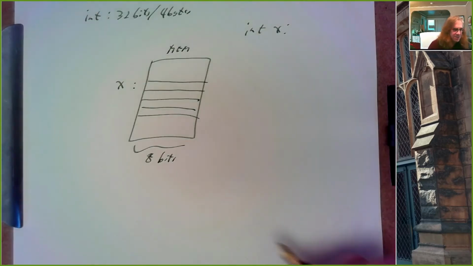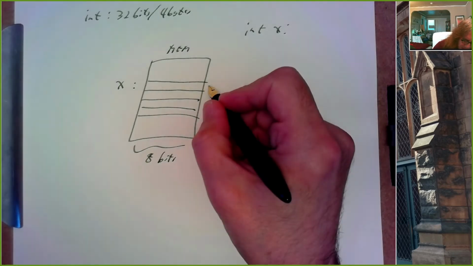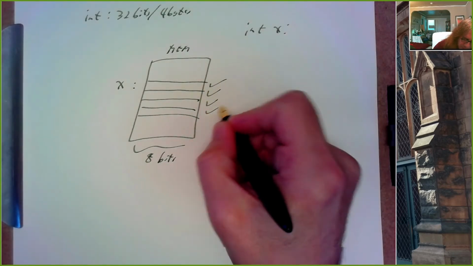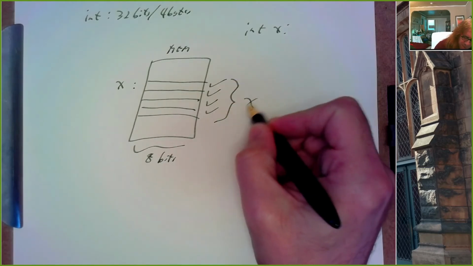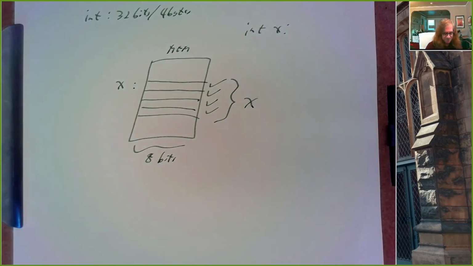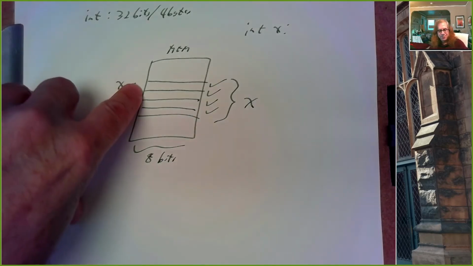So if x is an integer that's 32 bits, where are those other 24 bits stored? And not surprisingly, they're stored in consecutive locations. So these 4 bytes would correspond to the integer x. Well, when we look at the address of x, it refers to a single byte in memory.